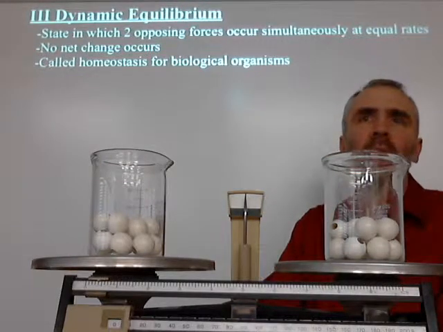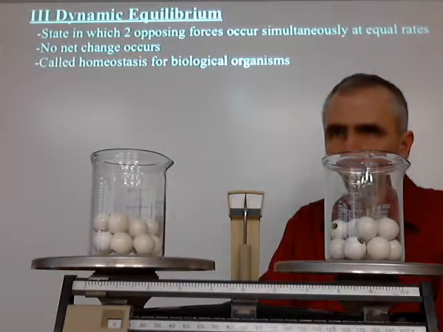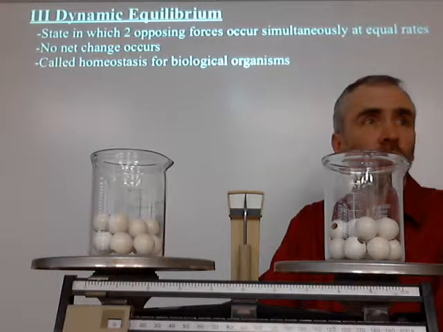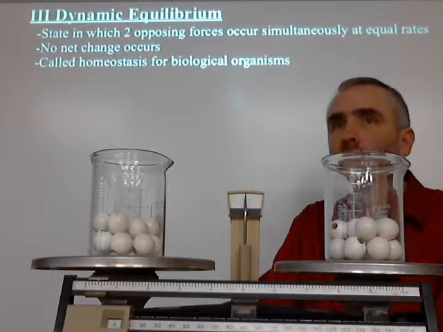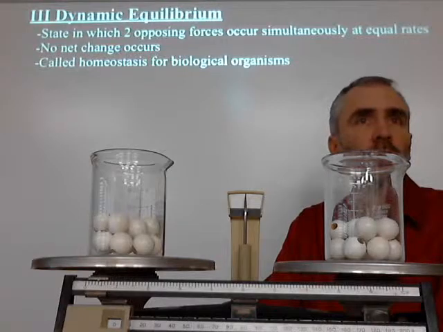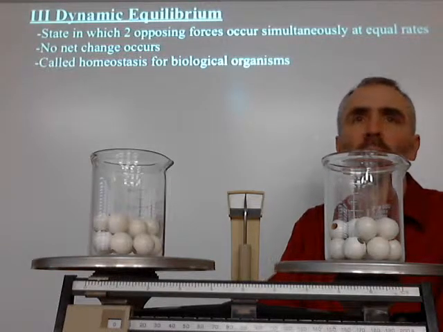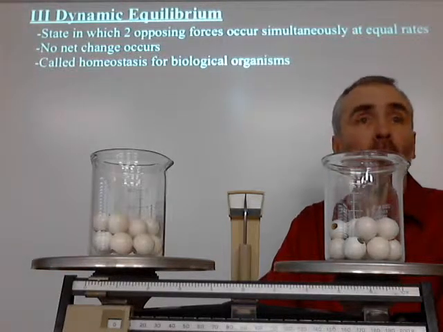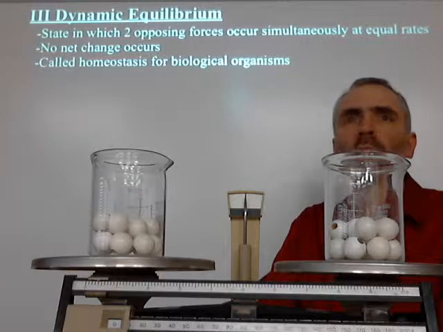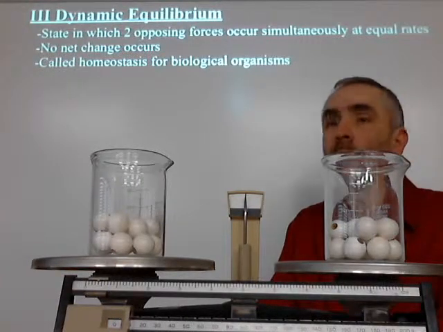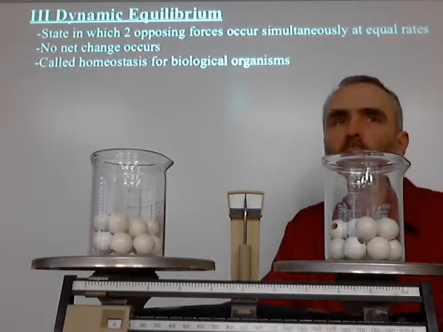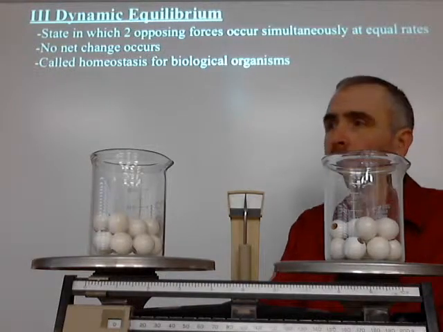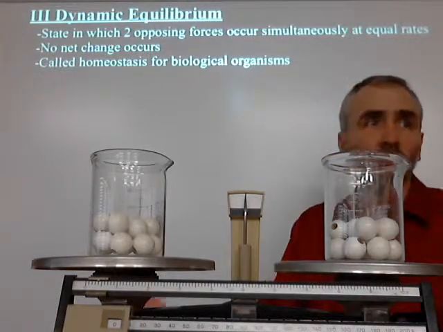You have to maintain a very specific temperature, pH, water amount, interstitial fluids, and oxygen levels. All these things have to be maintained in your body. If you're off by just a little bit, you feel terrible. Think about your temperature. 98.6 is normal. 101 is just a few degrees above that.